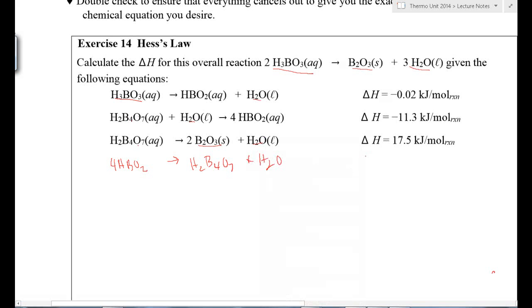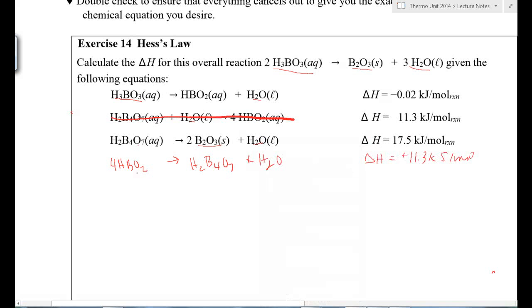And when I do that, I have to change the enthalpy. It's going to just change the sign. If I'm going backwards, it's going to be a plus 11.3 kilojoules per mole. Okay. And so I'm going to cross this out because I'm not using this one anymore.